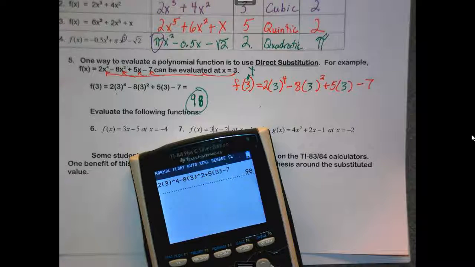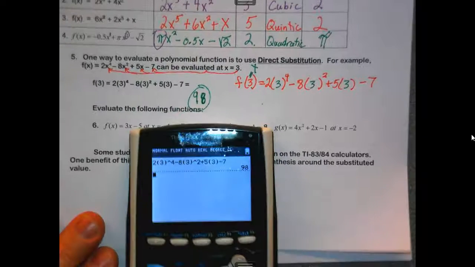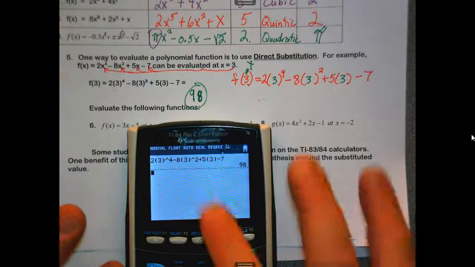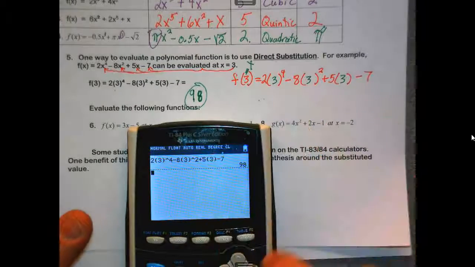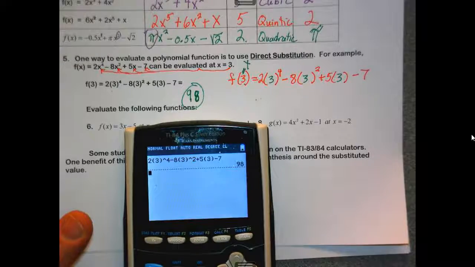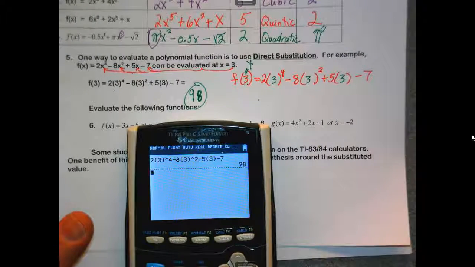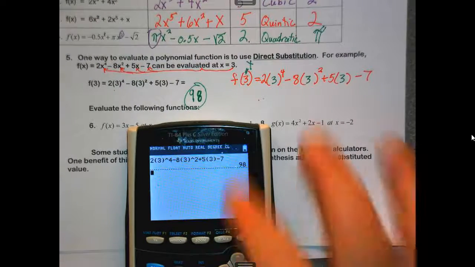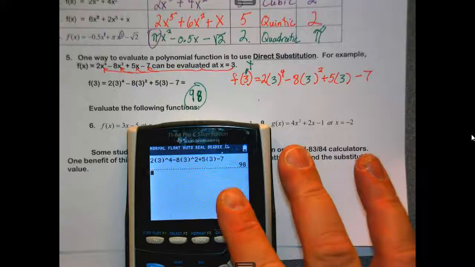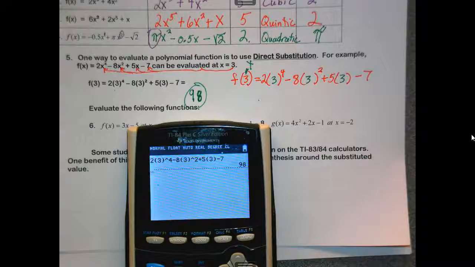If you have a more current version, it will stay in the exponent until you hit the right arrow, and then it'll pop out of that exponent. But I haven't updated this thing in years, and so after the first letter, unless it's in parentheses, it's out of the exponent.